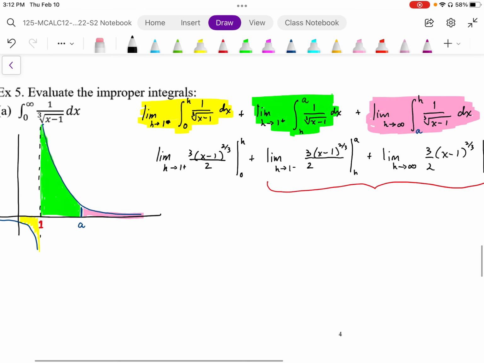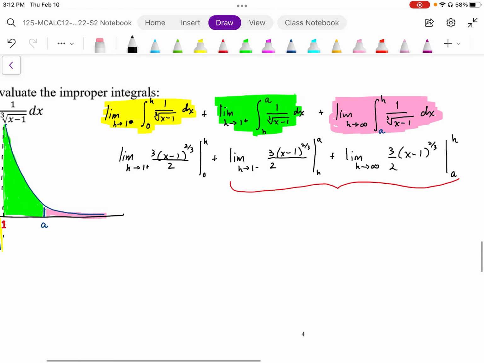Okay, so we do need a limit because it is bumped up against that asymptote at 1, but we're also integrating it to infinity. So I have this pink part which goes out to infinity. Notice I integrate from that arbitrary point A to h, where h is going to infinity.